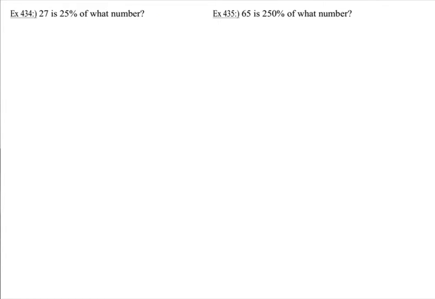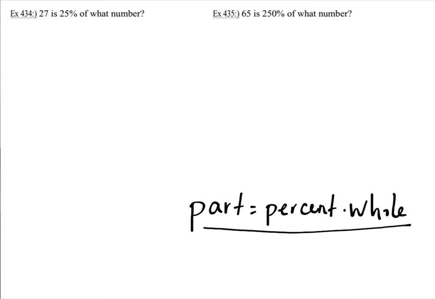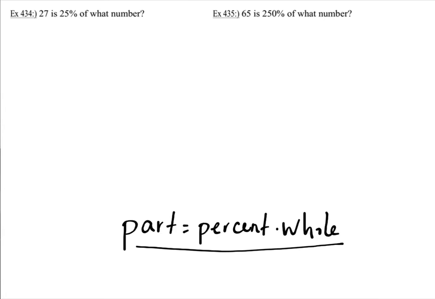Okay, 27 is 25% of what number? On this, keep in mind that it is part equals percent times whole. Okay, so the part is 27. It's 25%. Remember to move the decimal twice.